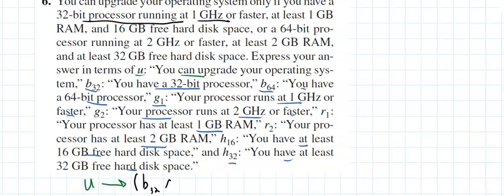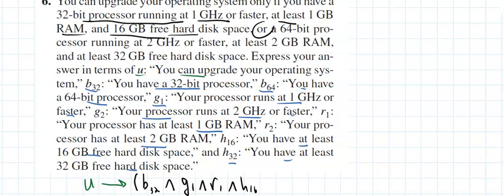At least means it's and. At 1 gigabyte, and what was, oh, G1. And at least 1 gig of RAM, that's R1. And at least 16 gigabyte of hard drive.